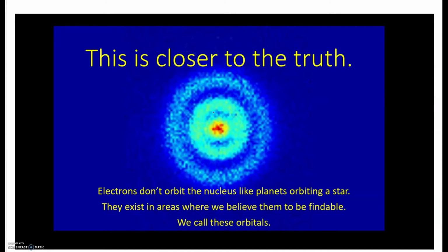We just happen to know that you could find an electron in this area, you could find an electron in this area, and you could find an electron in this area. They're called orbitals. They're more like rooms on a floor, but we'll get into that as we go.